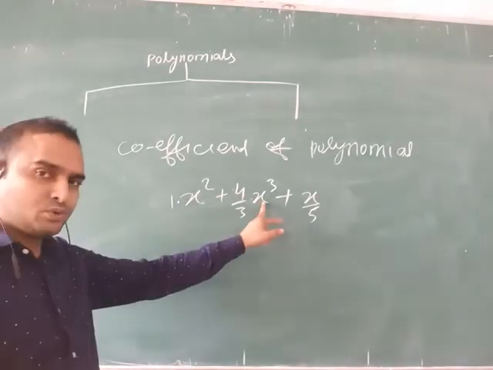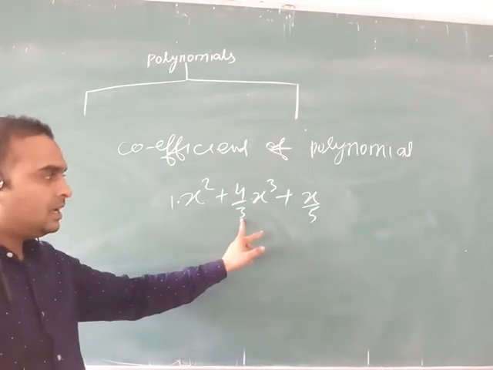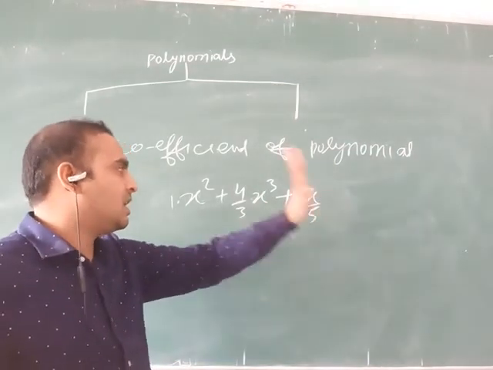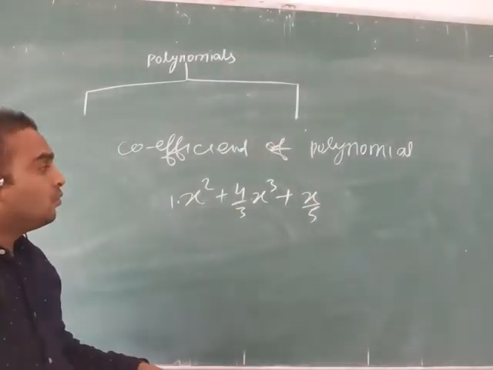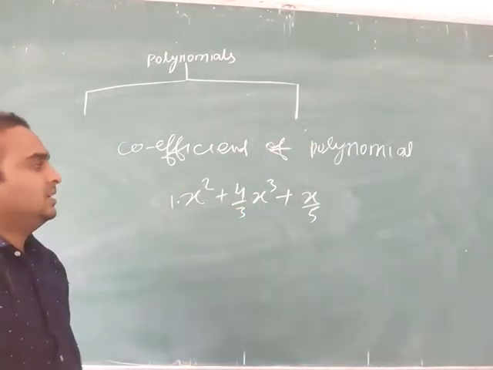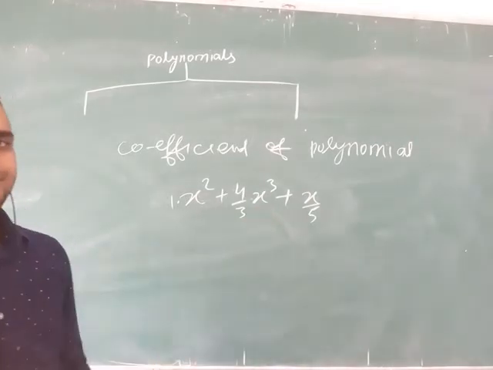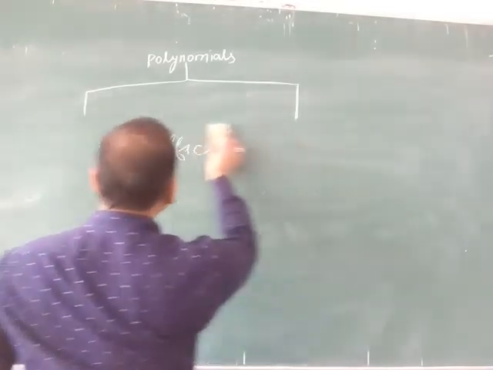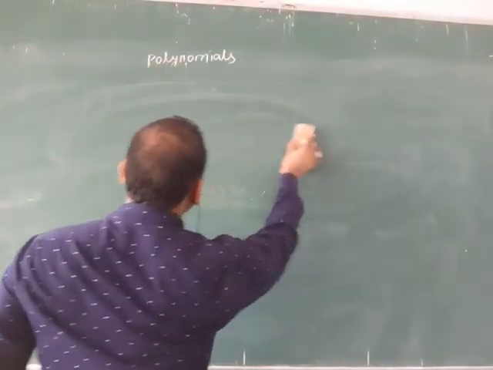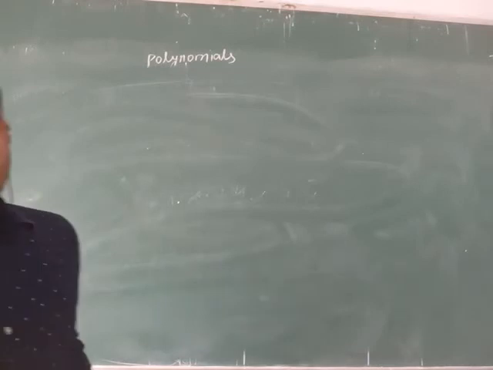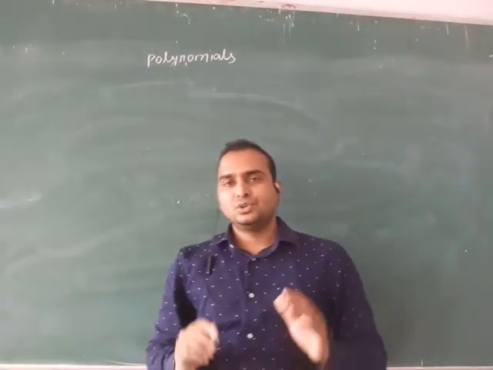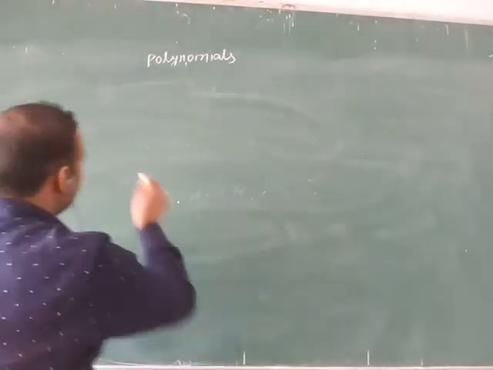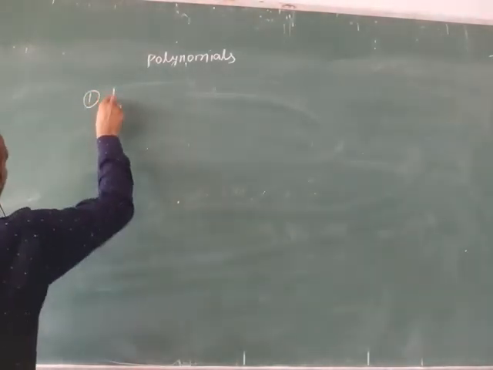Coefficient of x cube, that is 4 by 3, and coefficient of x, that is 1 by 5. But what is the coefficient of 4 by 3? Again it is x cube. Understood? Now the next. We must remember two important theorems of polynomials. The first one is the remainder theorem.